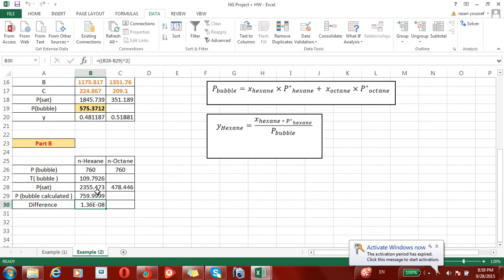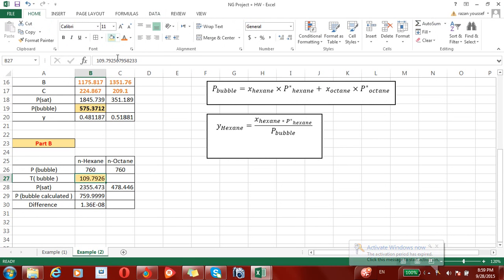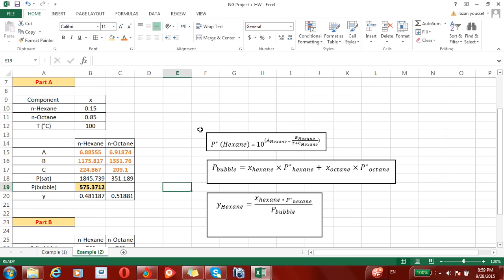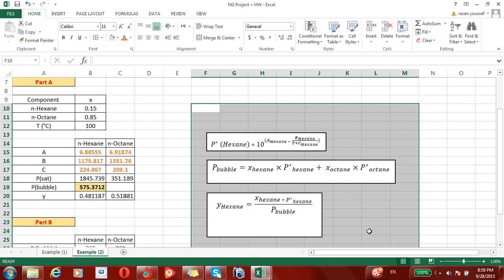So as you see, this is our final value for part B. It is a very simple kind of calculation. Of course, you can have more than two components, and it will be a little more complicated, but in the end it is the same equations. So make sure to memorize these equations, and I think you will be on the safe side.